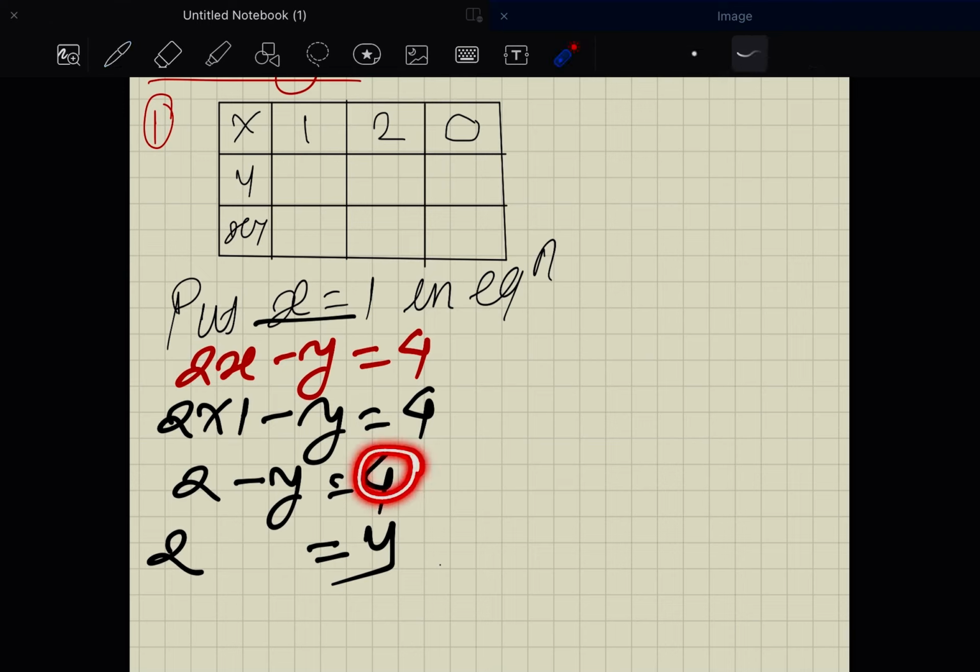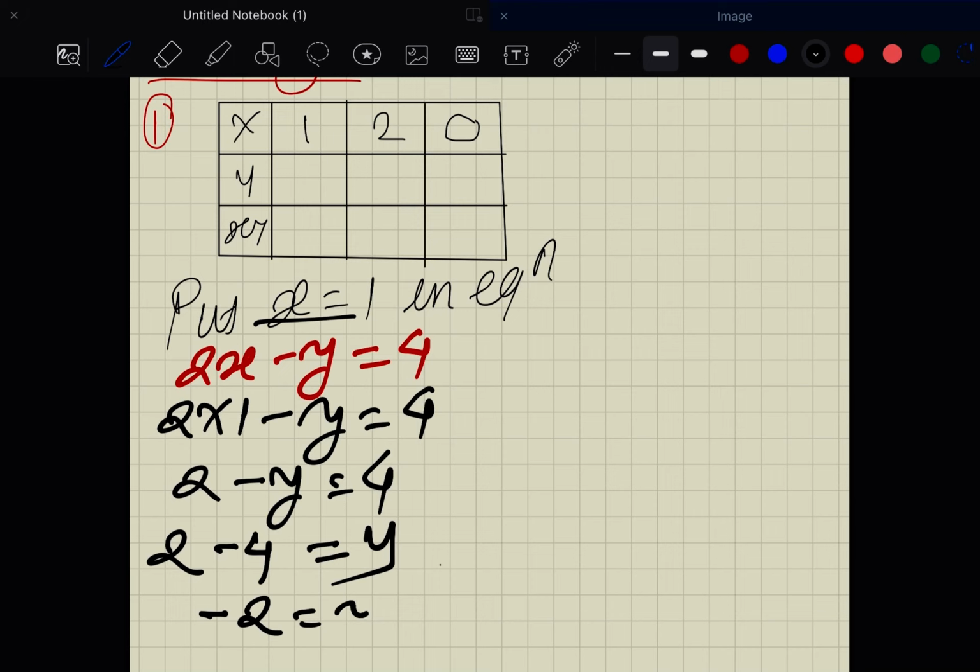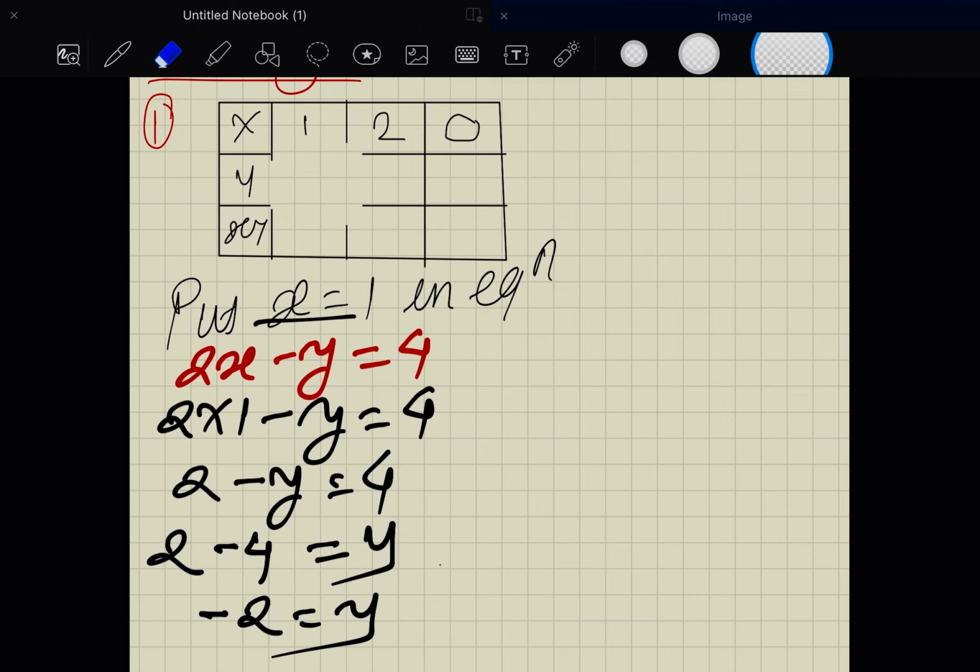If you migrate this plus 4 from right to the left, it becomes minus 4. So therefore 2 minus 4 is equal to minus 2 equals y. So write down y is equal to minus 2. So the answer is y is equal to minus 2.